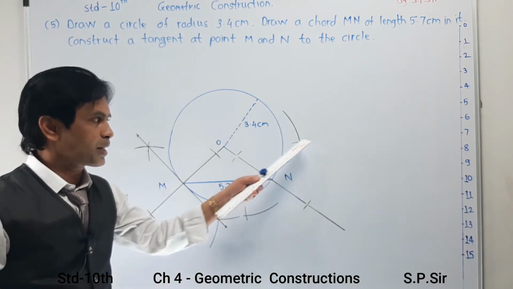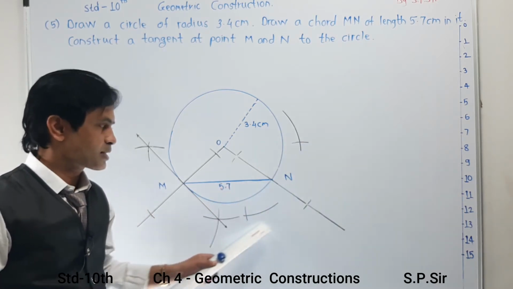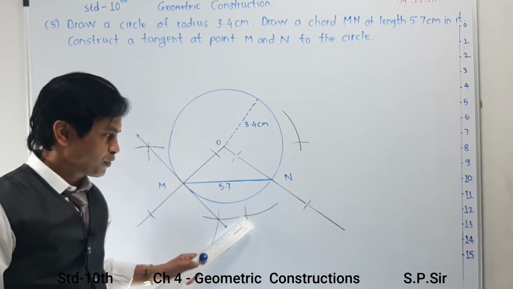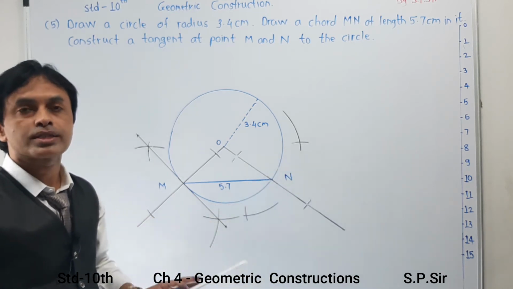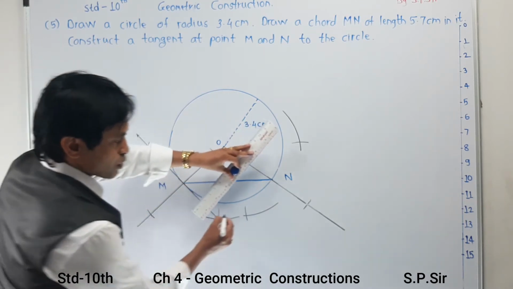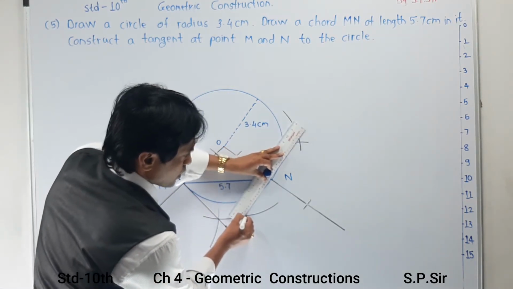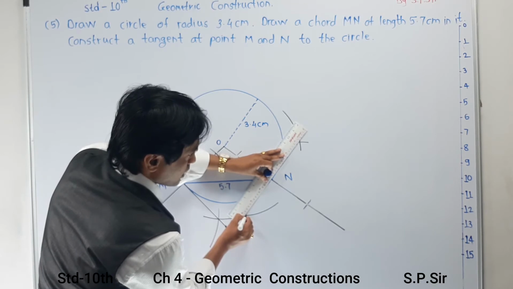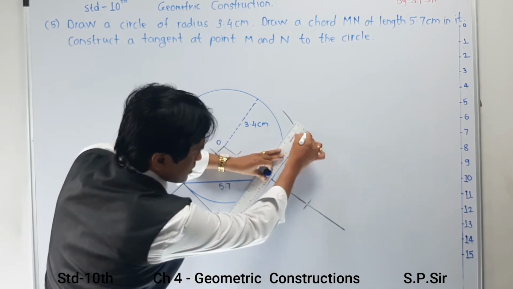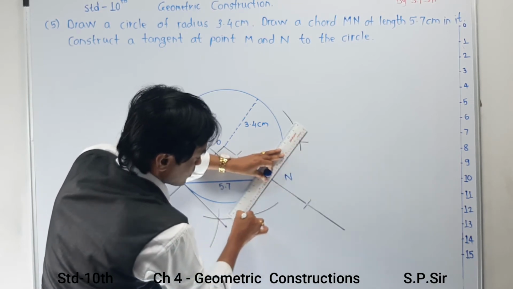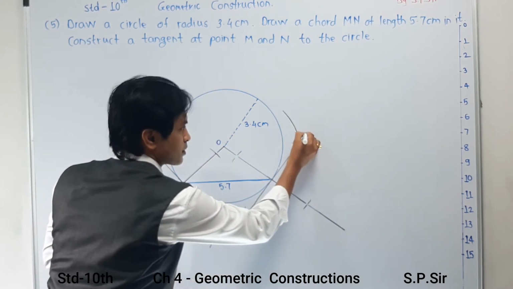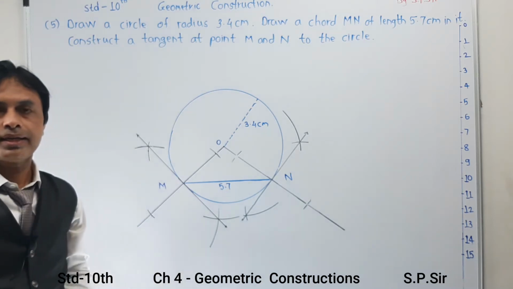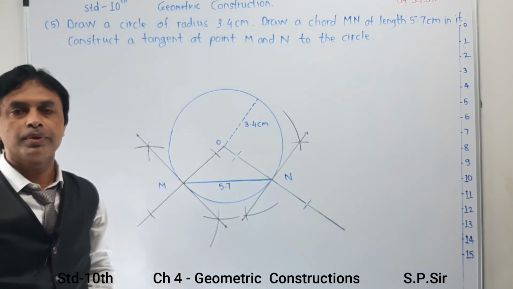Now your first point, the middle N, and the third point, you have to draw a straight line passing through them. And in this way we get the complete structure.